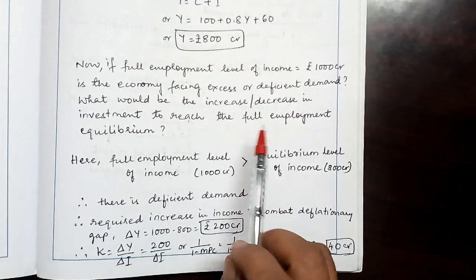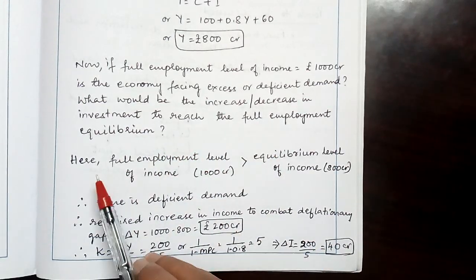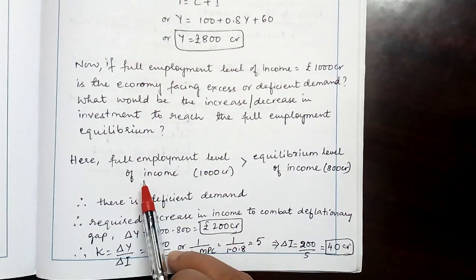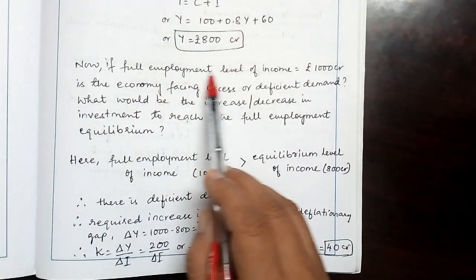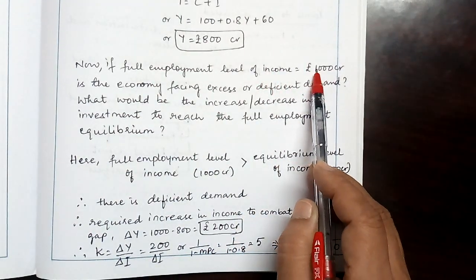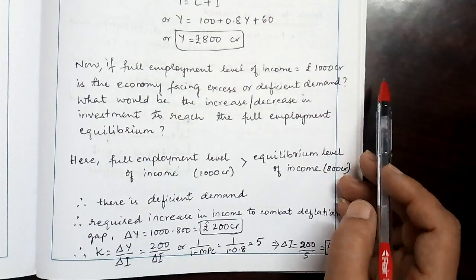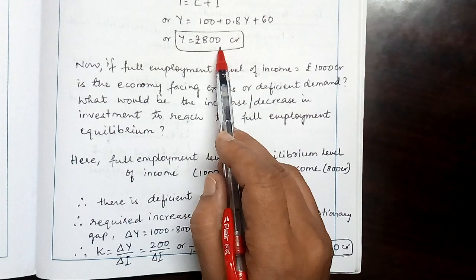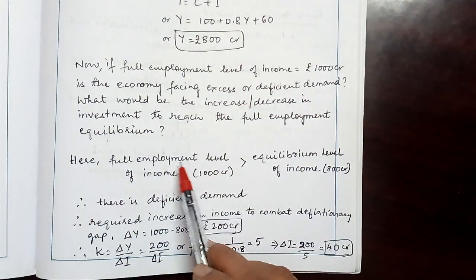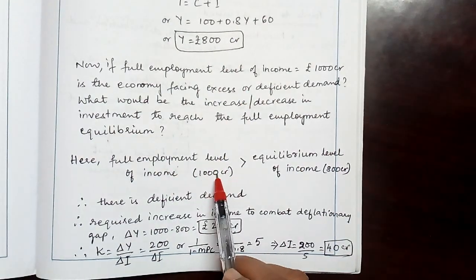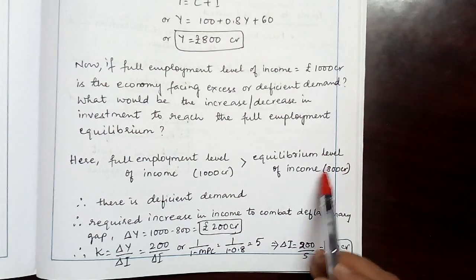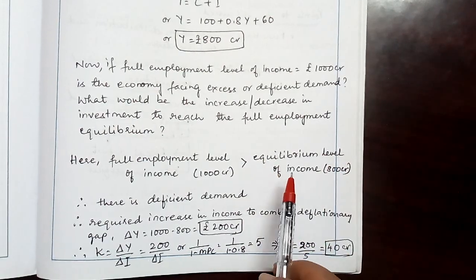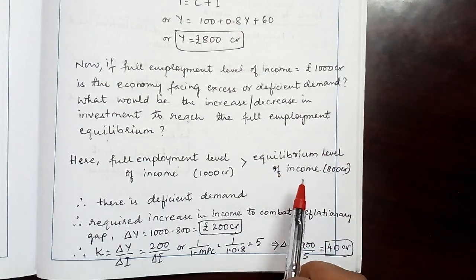Let's look at this problem this way. Here the full employment level of income is given. Full employment level of income is 1000 crore. And the equilibrium level of income we found out to be 800 crore. So this full employment level of income is greater than the equilibrium level of income that we found out, if the MPC is 0.8.